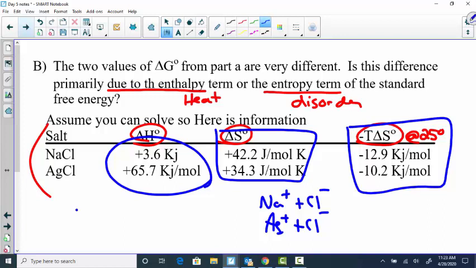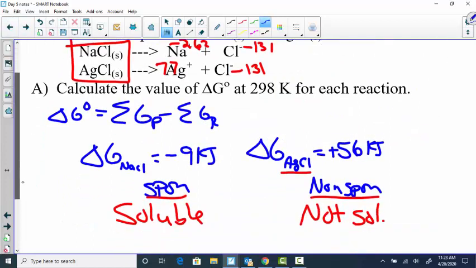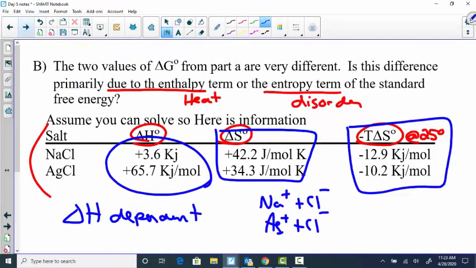So this is delta H dependent. Okay? So you can look at these equations, you can look at this amount of free energy, and we can calculate that, but then when we get inside that free energy, this just shows us which term actually affects that free energy more.